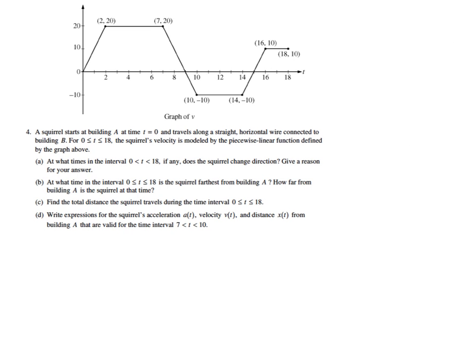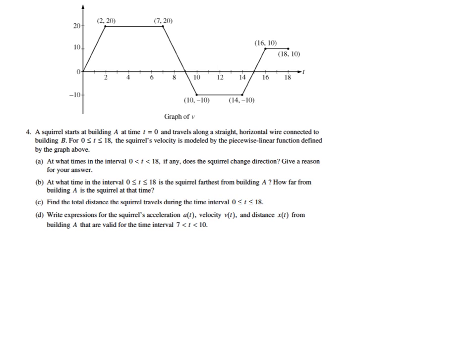In part D, it says write expressions for the squirrel's acceleration, a of t, velocity, v of t, and distance, x of t, from building A that are valid for the time interval from 7 to 10. So first of all, we notice that we're only talking about going from 7 to 10 or along this linear section here.